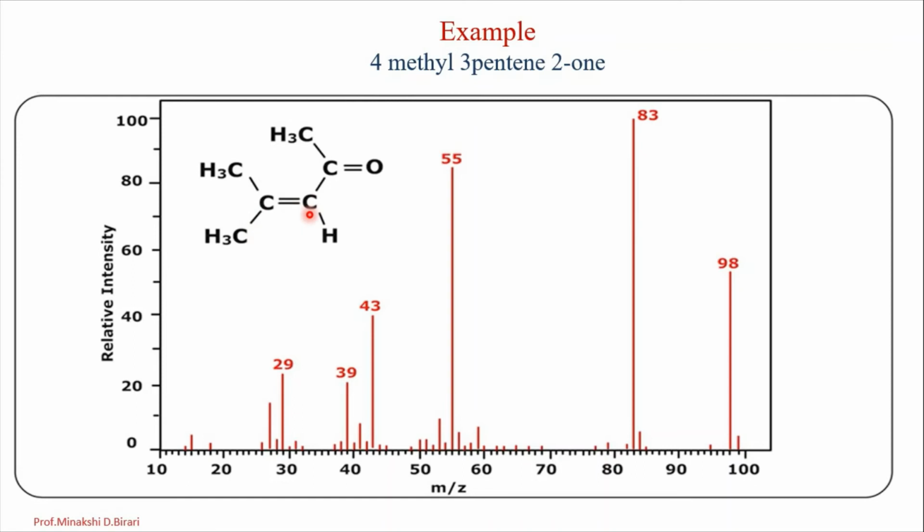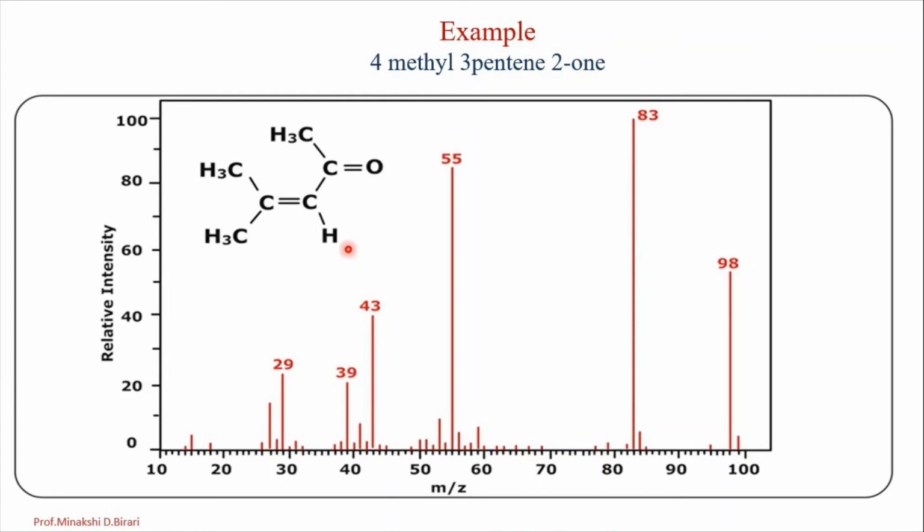The molecular ion peak for this example is observed at M by Z value 98. The peaks of the fragmented ions show odd M by Z values: most of the fragmented ions show peaks at odd values 55, 43, 39, 29, 83.